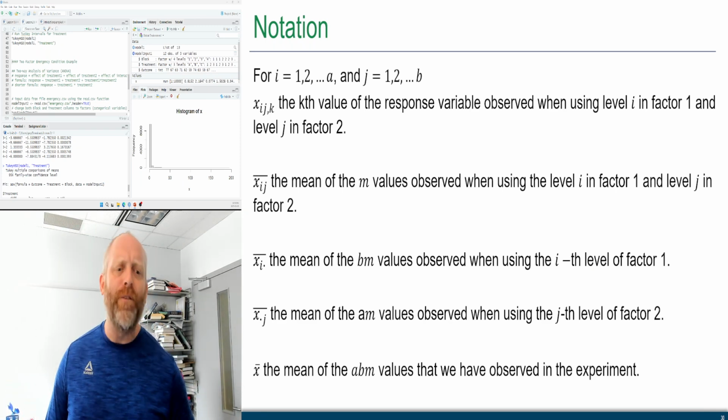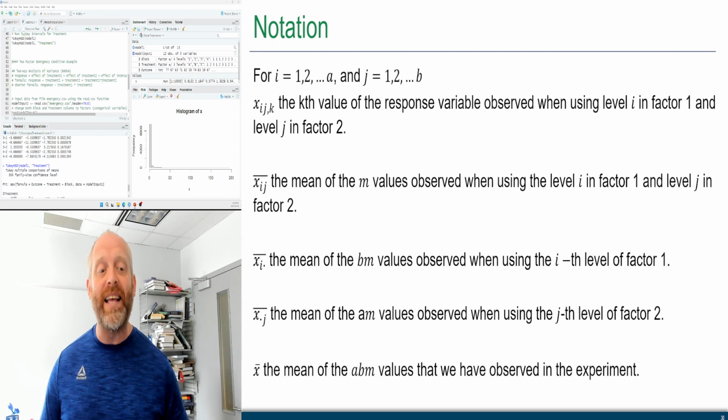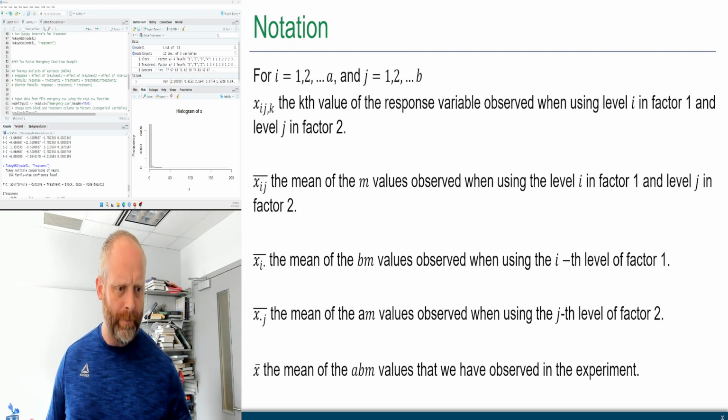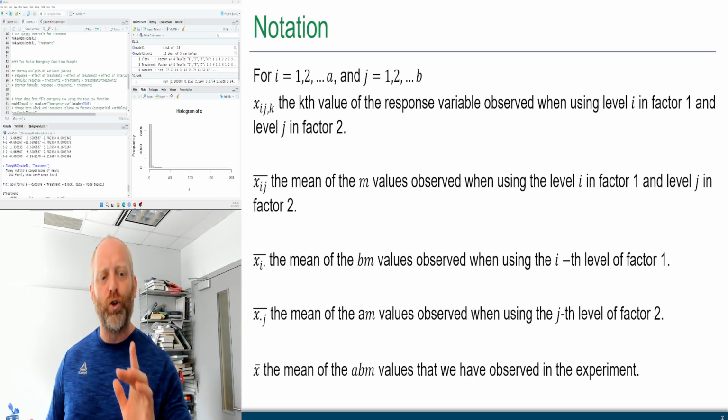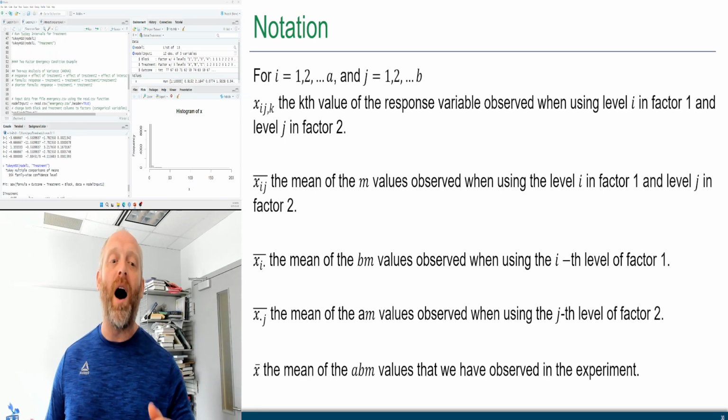All right, so for each one of the treatments, there is going to be a mean for that treatment. So that's the X bar sub ij. For each one of the, not treatments, but for each one of the levels for factor 1, there is going to be an average. So that is X bar sub i dot. So when I represents my factor 1, I don't care what the second factor is.